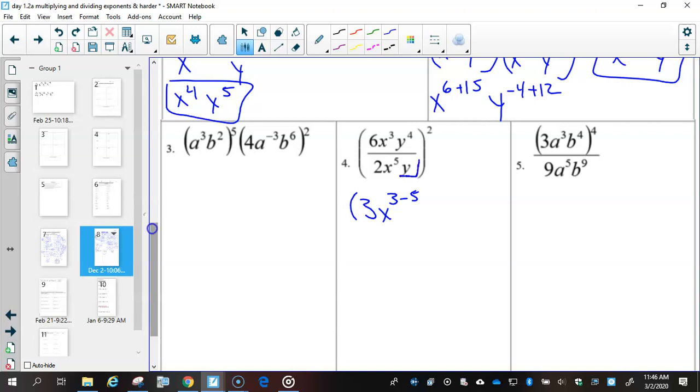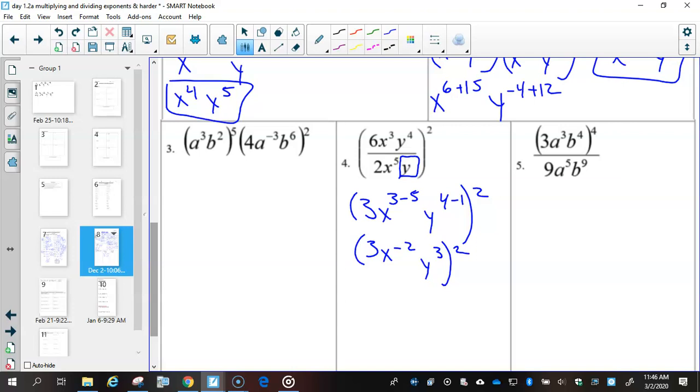For this one, what is this exponent? 1. Now, I'm doing this step by step, but if you want to skip this step and just put 3x to the negative 2, y to the third, that's fine too. I said negative third, but I meant negative second power.